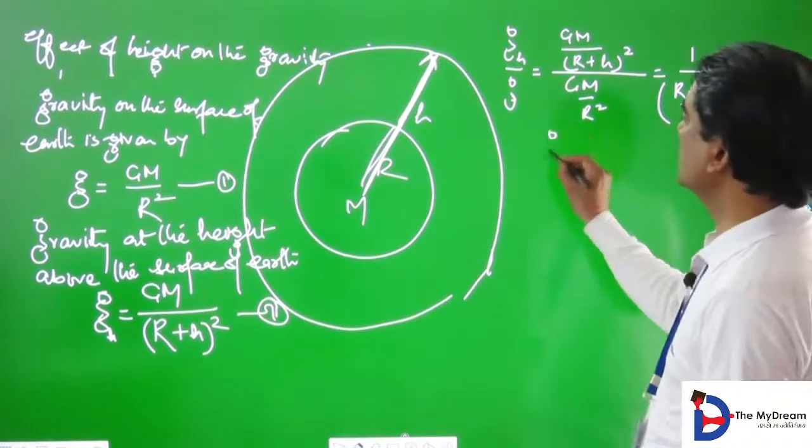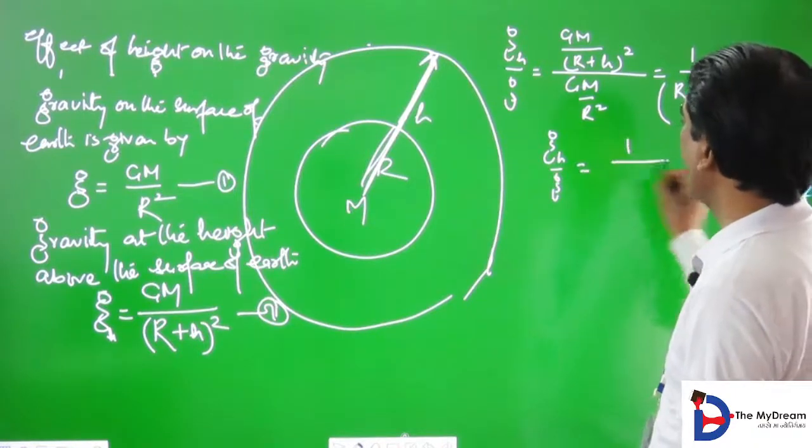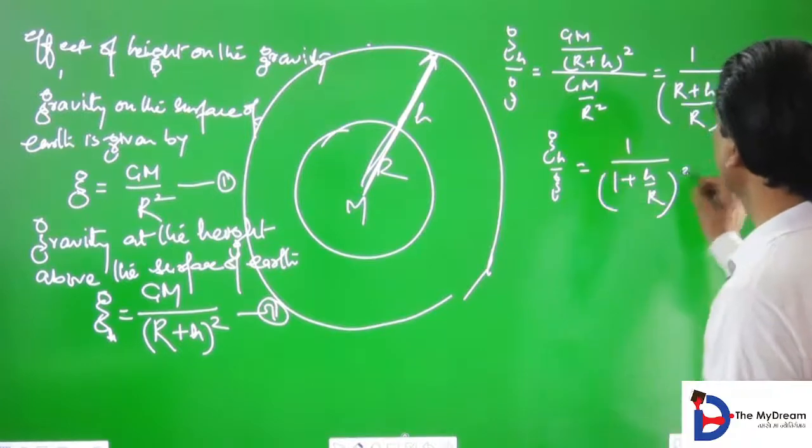So GH by G can be written down this upon this.